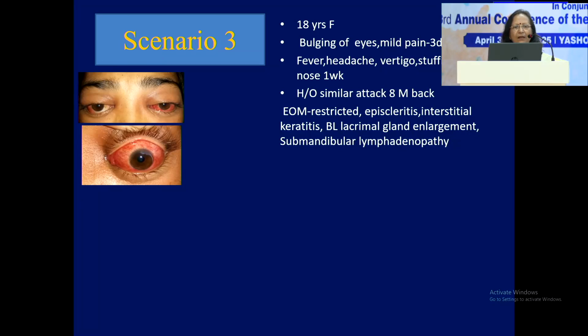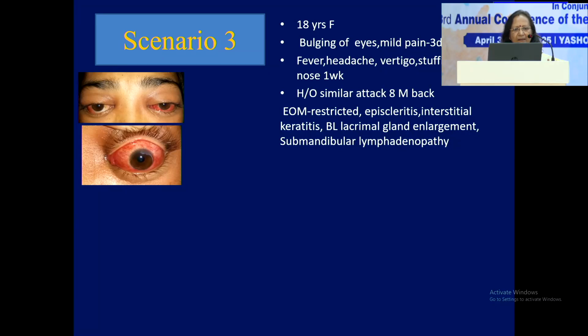So coming to the next scenario, an 18-year-old female who came with bulging of the eyes with mild pain for the last 3 days. The patient gave a history of fever, headache, vertigo, stuffiness of the nose 1 week back, and a history of a similar attack 8 months back. Extraocular muscle movement was restricted.